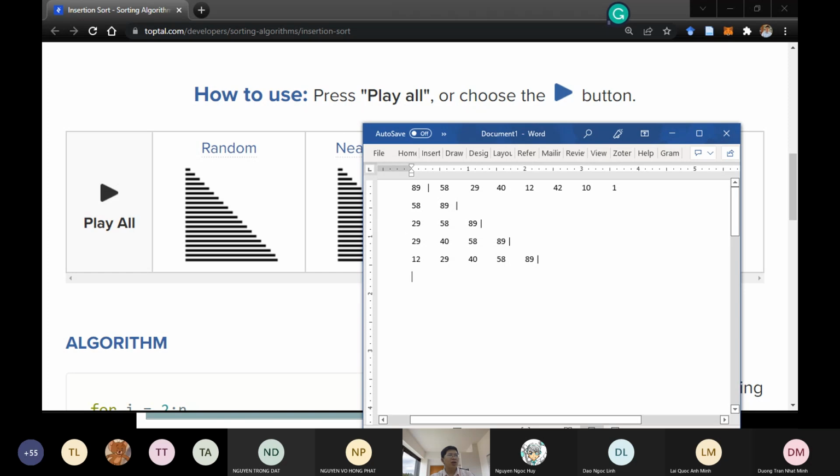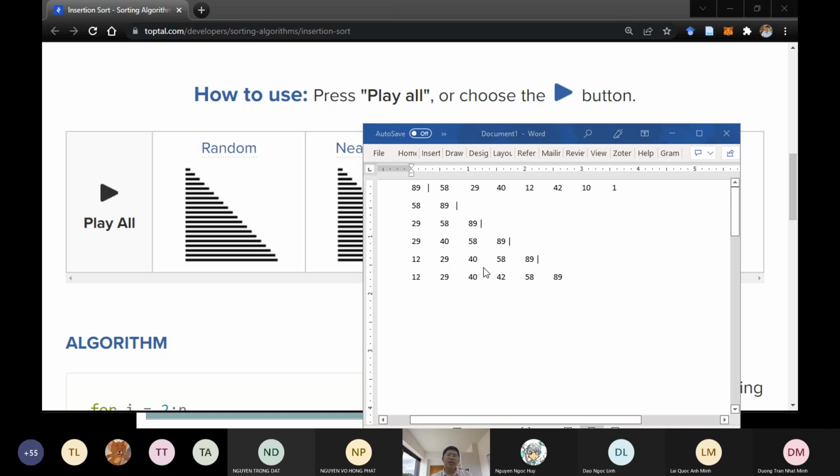Okay, so we have here again. We try to compare 42 with this number. It is bigger, then put it here. And 42 is still bigger than here. So 40 is smaller than 42, which means this position is for 42, and so forth.